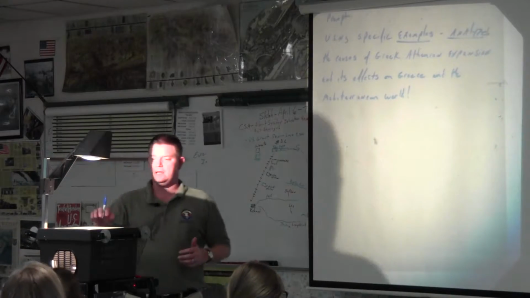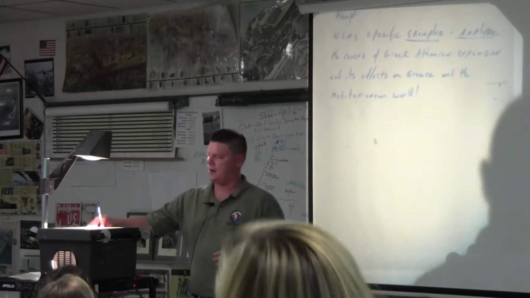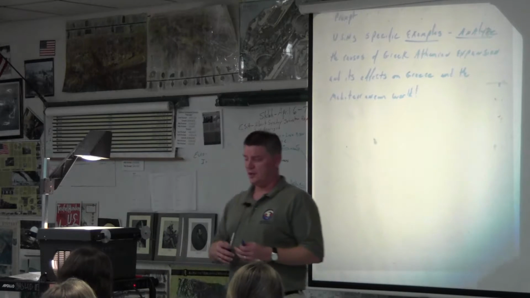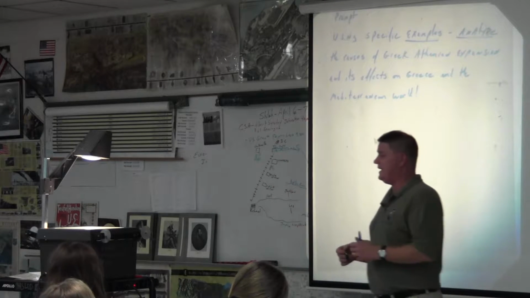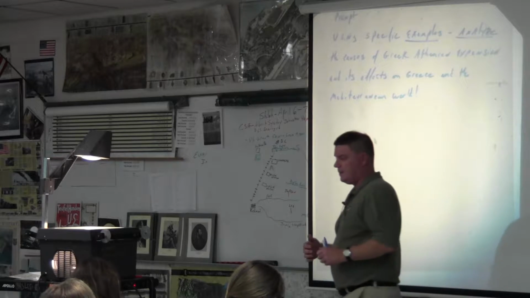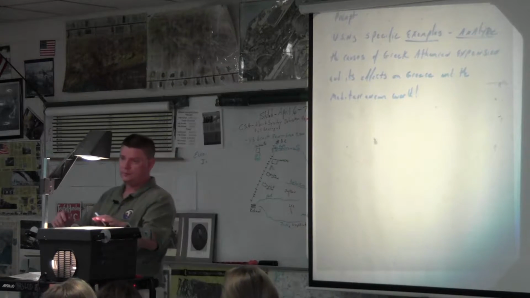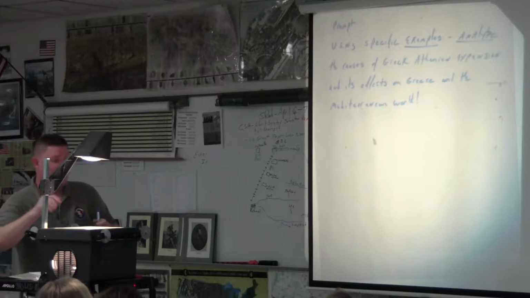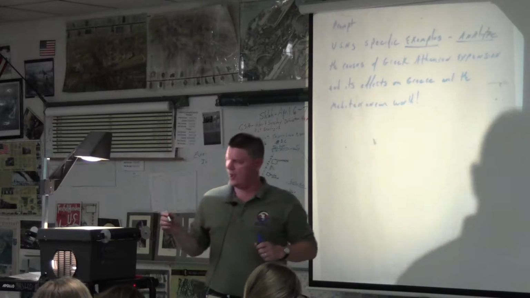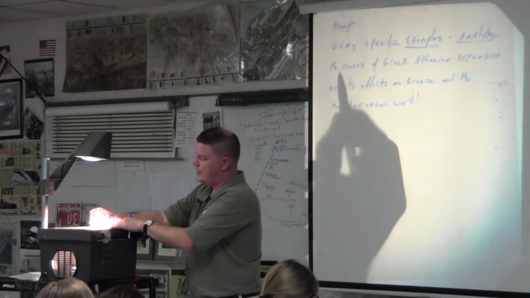Focus on actually answering the question. A lot of you guys are writing about stuff that's not in the prompt. So what we need to do, number one, is using specific examples, analyze the causes.